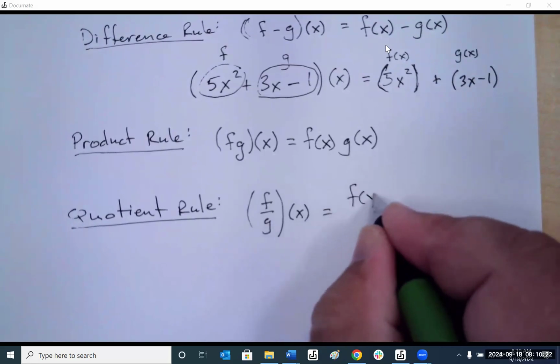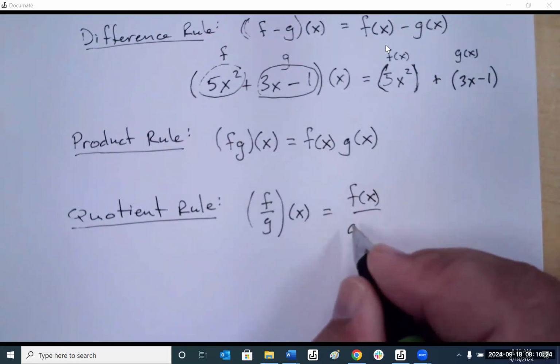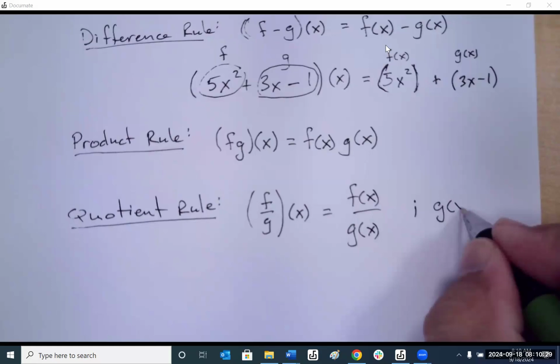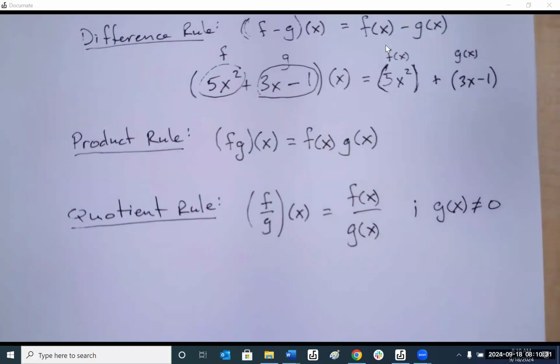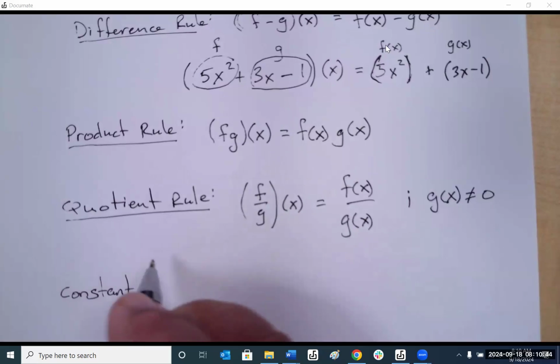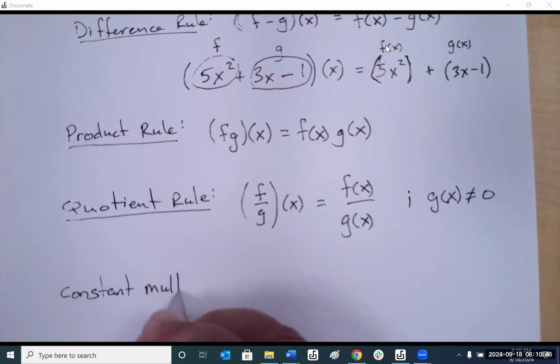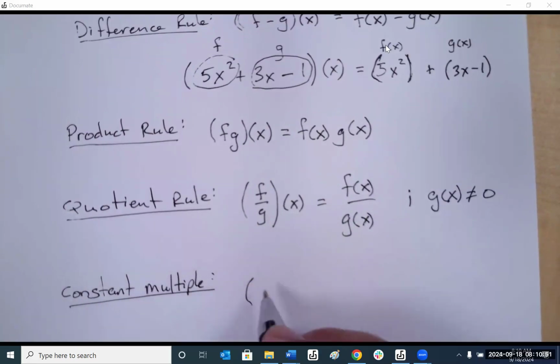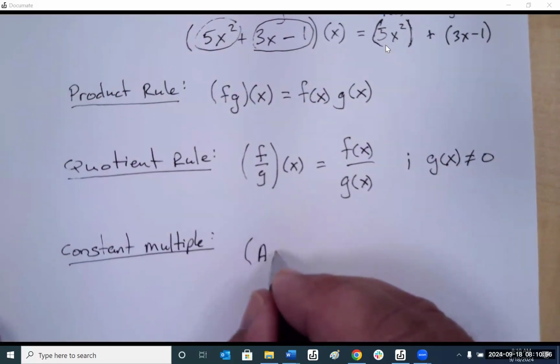So let's separate these. As long as the denominator does not equal 0. There really should be one more in there. The constant multiple. We'll say that a is a number.